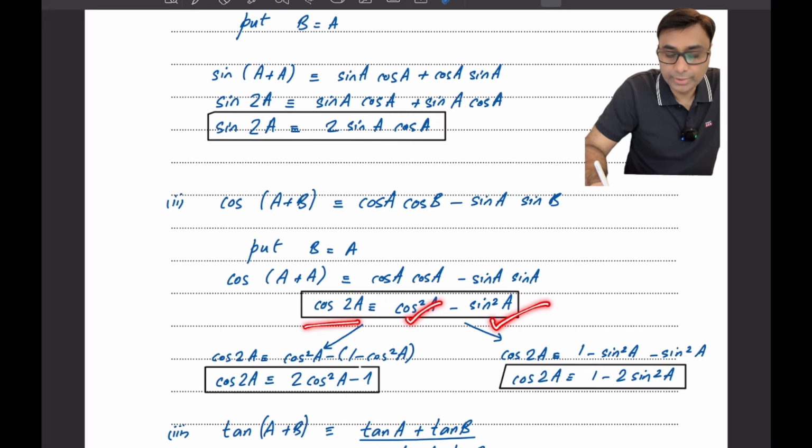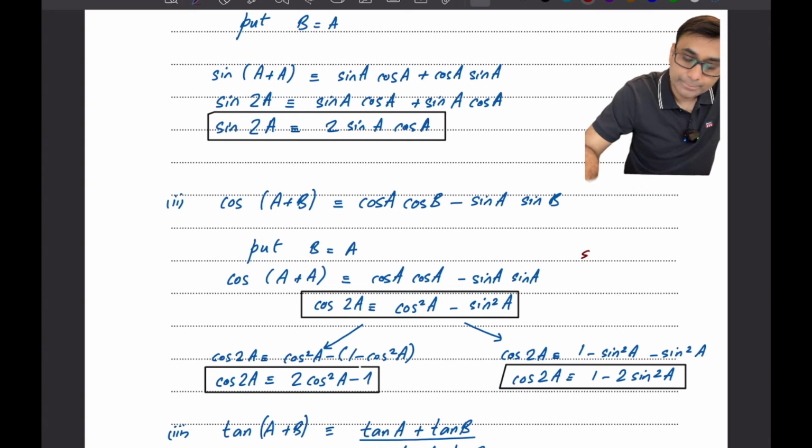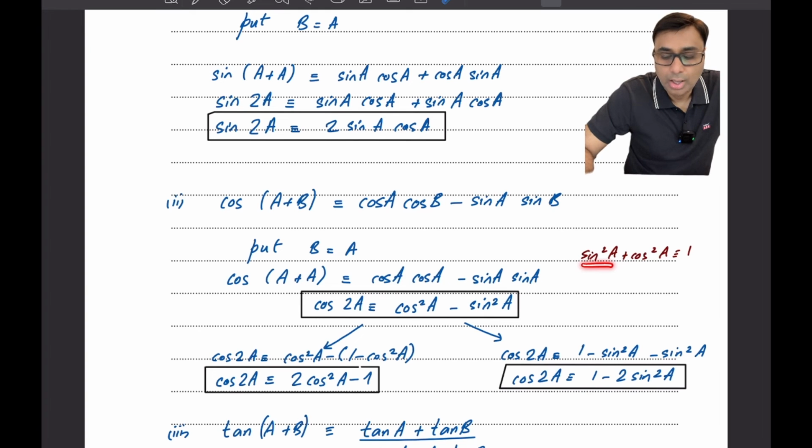This is one form of it, but you can also rewrite it into two more forms, recalling that sine square a plus cos square a is equal to 1. So you can replace sine square by 1 minus cos square. You can also replace cos square by 1 minus sine square.